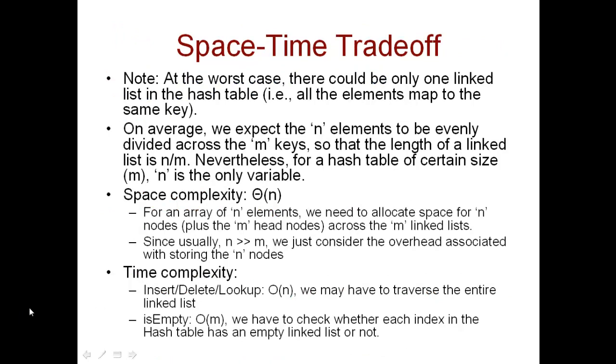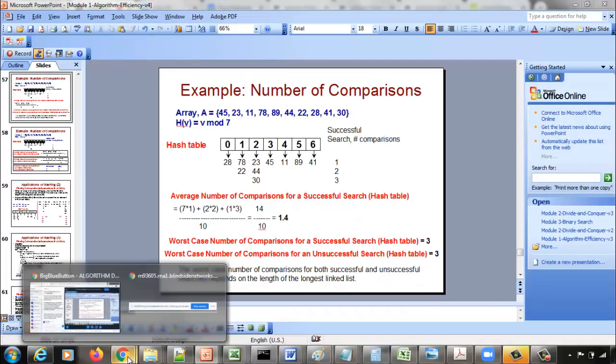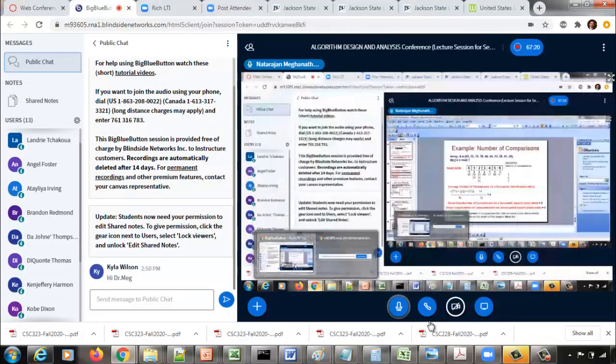But we can achieve such a constant time complexity by allocating additional space. So that's why it's a classical case of space-time trade-off. We cannot achieve a constant time complexity without allocating additional space.